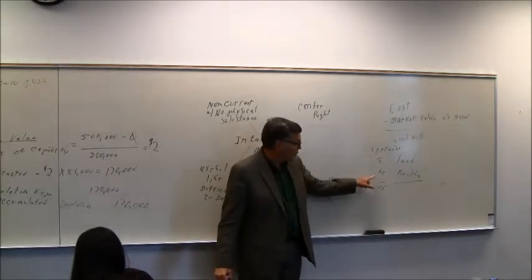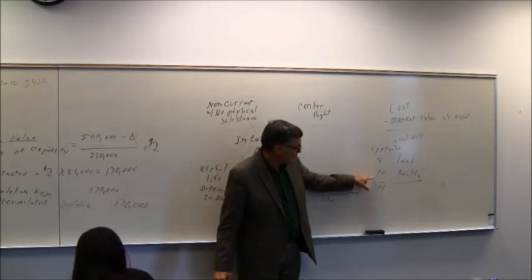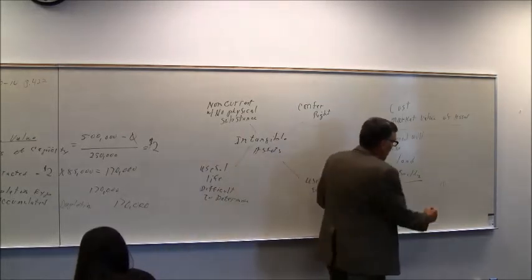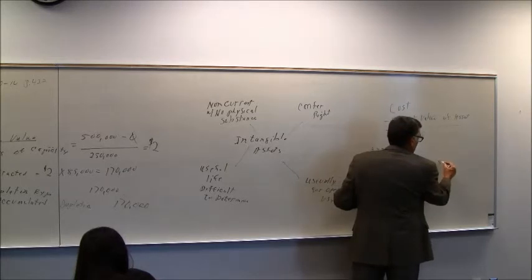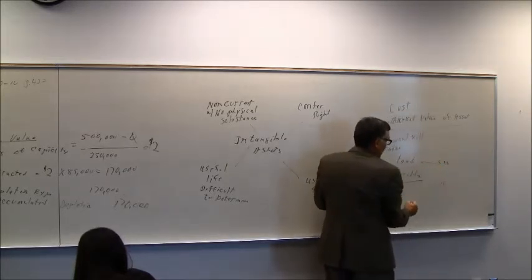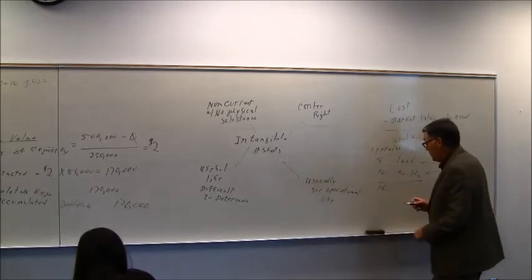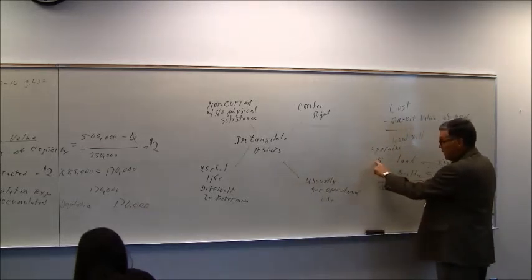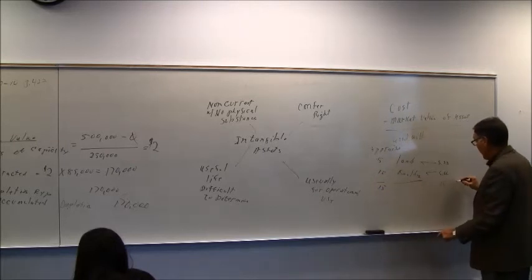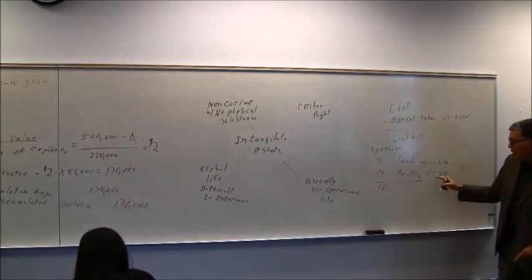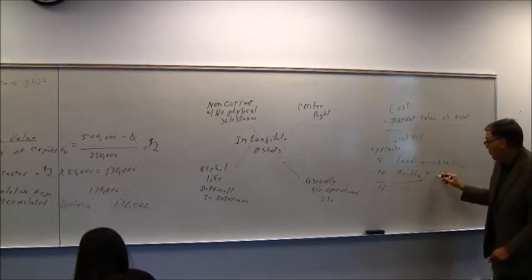So what that means is 1/3 of this, about 3.33, is how much you'll value the land at, and the difference, 6.66, will be the value of the building. So this is 1/3 of 10, and this is 2/3 of 10.